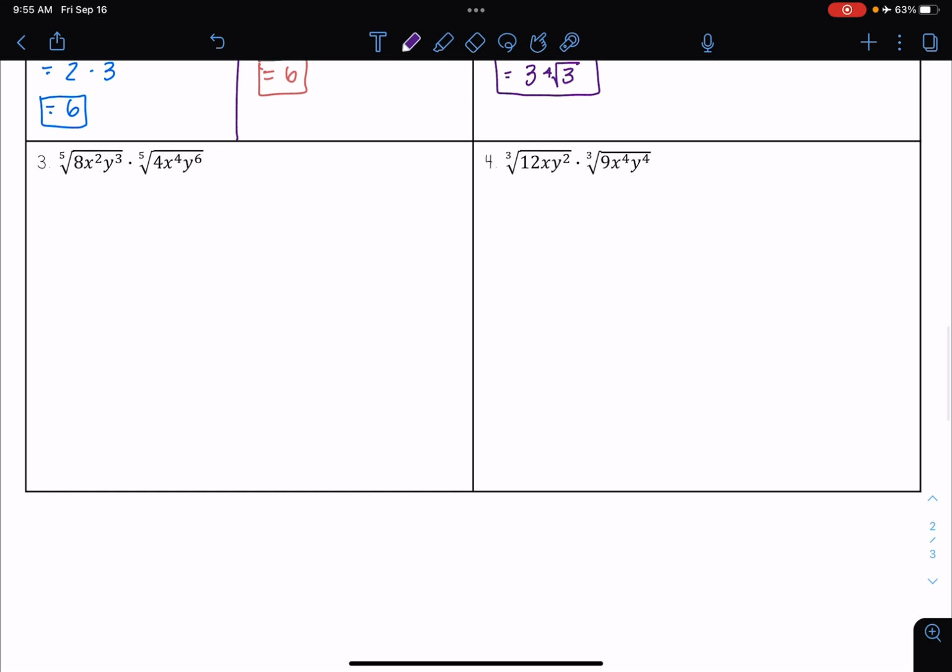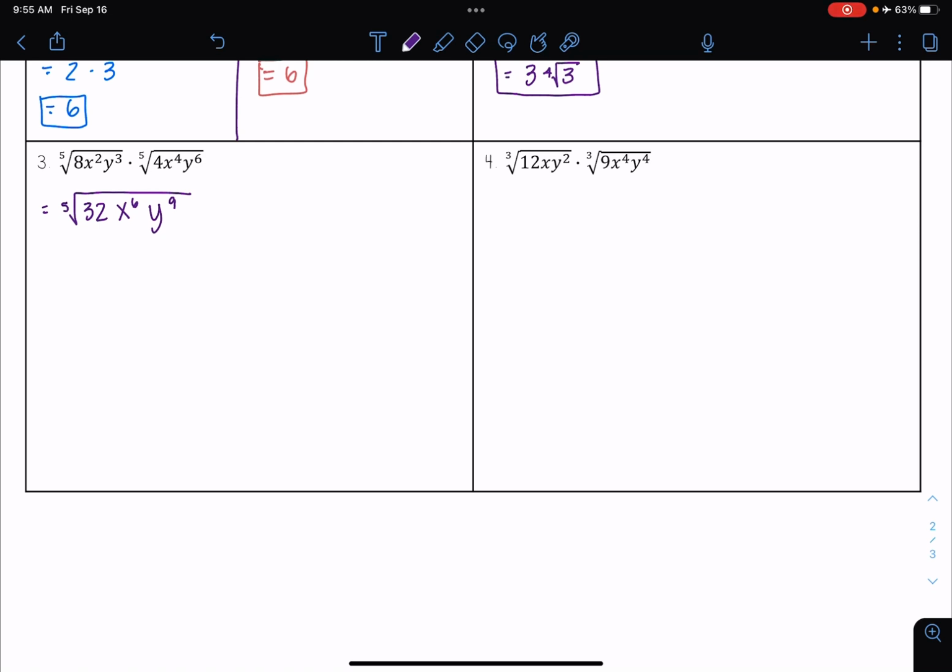Okay, number 3 and number 4, I now have some variables in there. So I'm going to multiply first. I have 8 times 4, and I get 32. X squared times x to the 4th, I get x to the 6th. Y cubed times y to the 6th, I get y to the 9th.